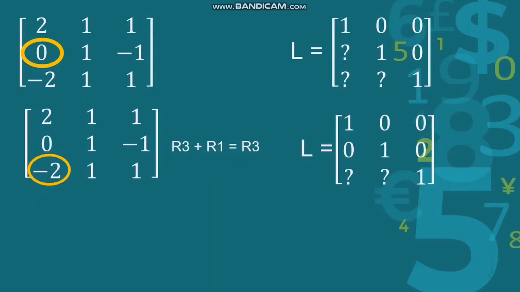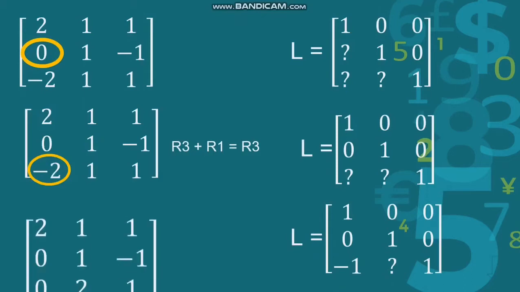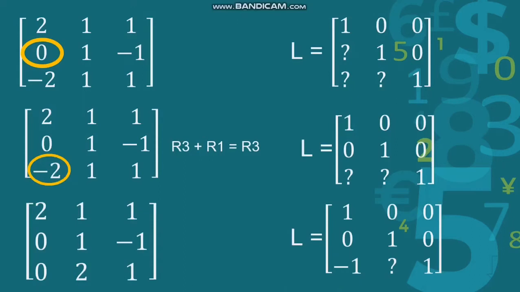So we use the multiplier 1 to help us obtain a 0 in row 3, column 1, which means the element of row 3, column 1 of our lower triangular matrix will be the opposite of our multiplier, which is negative 1. Next, we have now our new row 3, that is 0, 2, and 1.